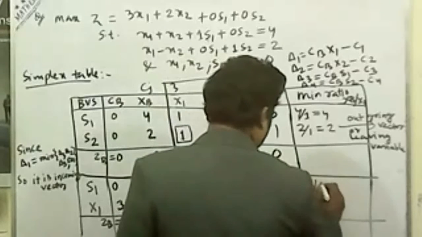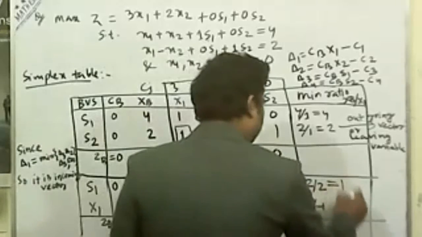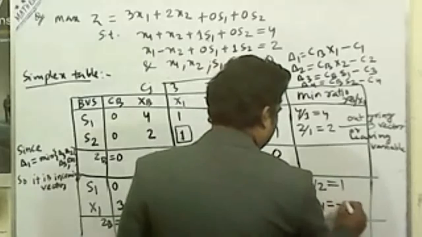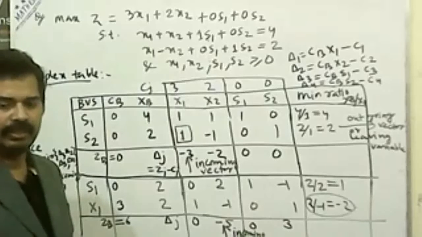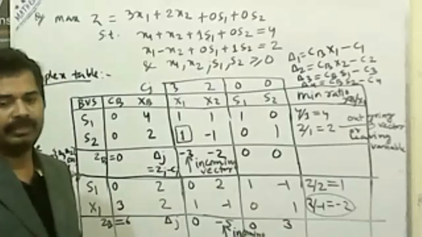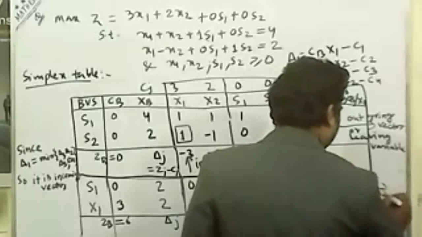So that's 2 by 2, that is equal to 1, and 2 by minus 1, that is equal to minus 2. Minus 2 is not considered. Negative value or 0 value is not considered, so the other value we have to consider. That means this is the minimum. This minimum means it is the outgoing vector or leaving vector.